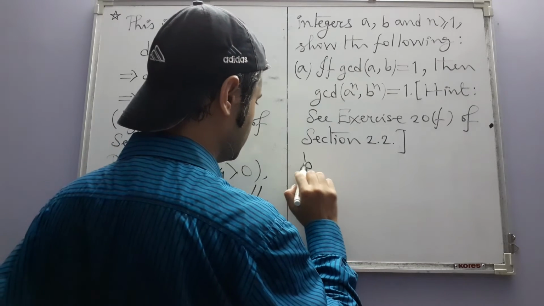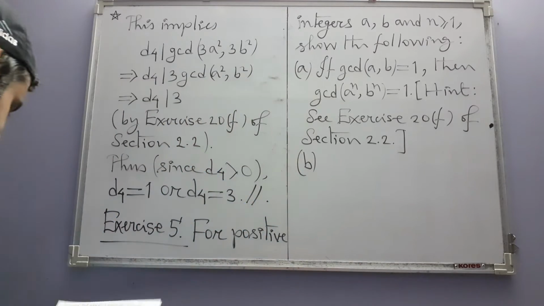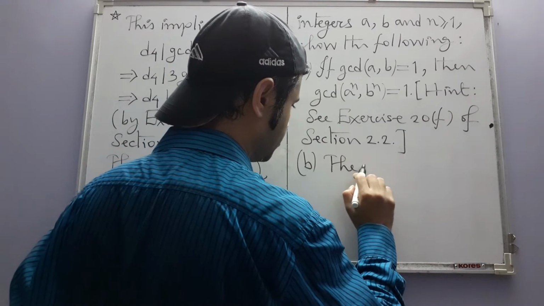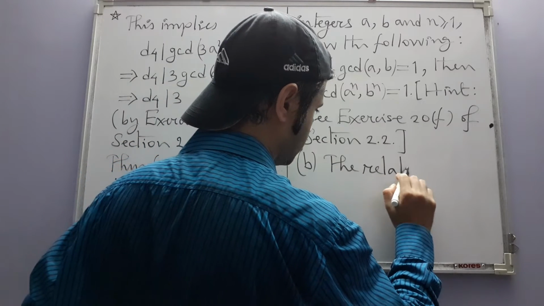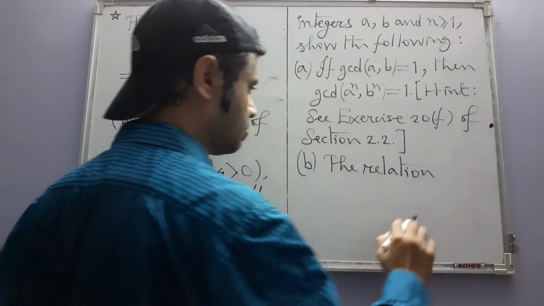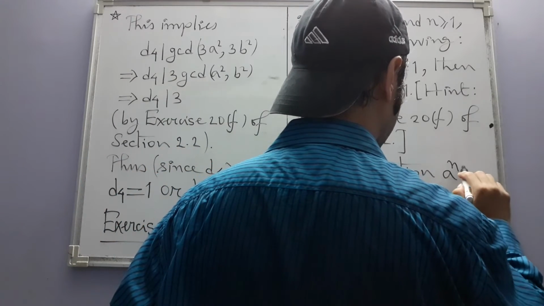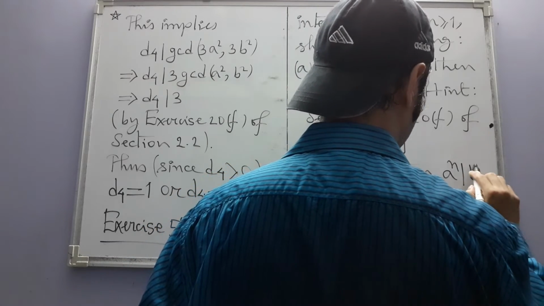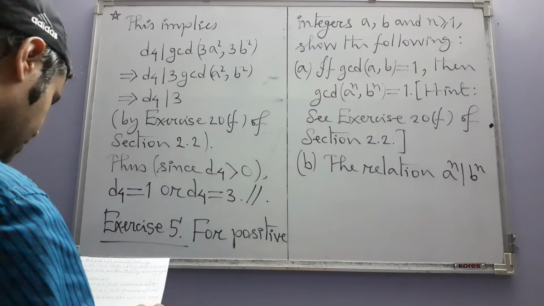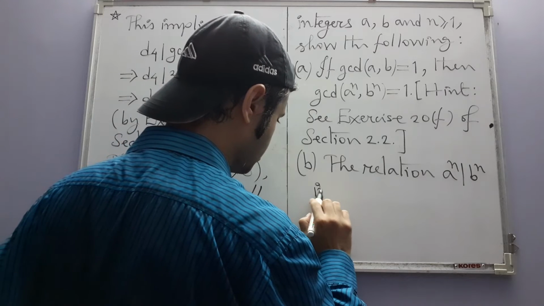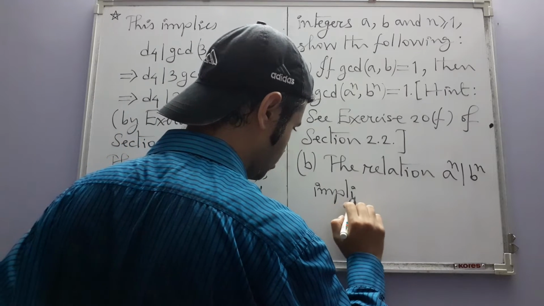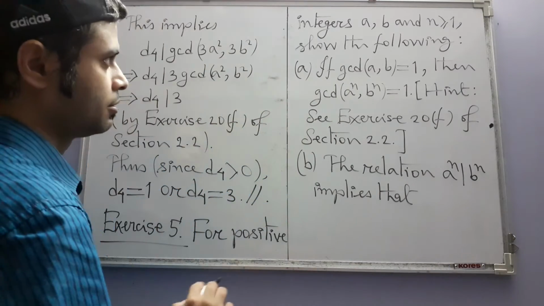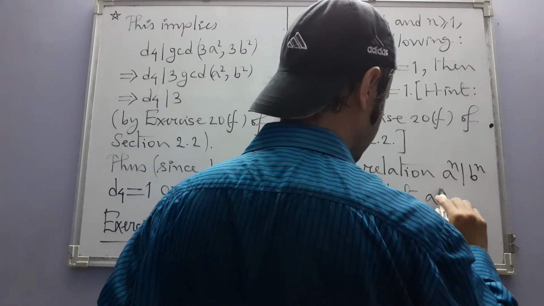Okay, and there is a part B: the relation a to the power n dividing b to the power n implies that a divides b.